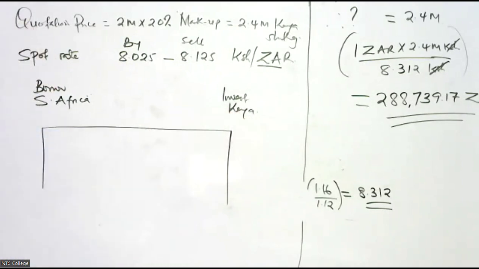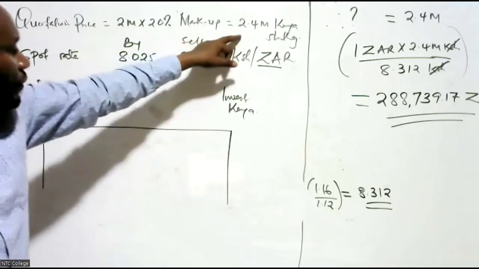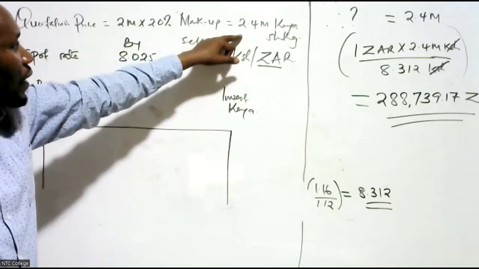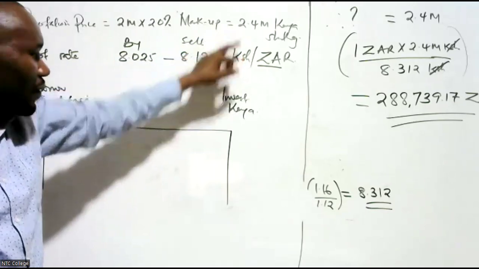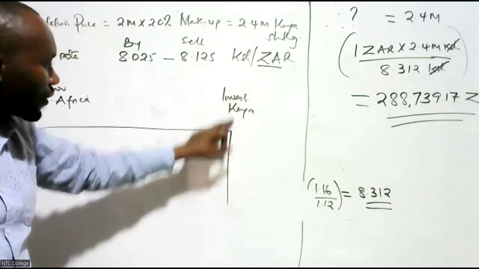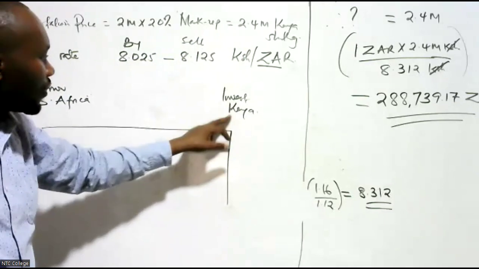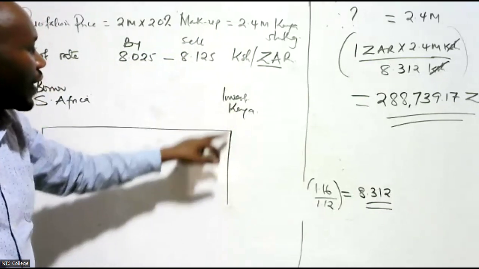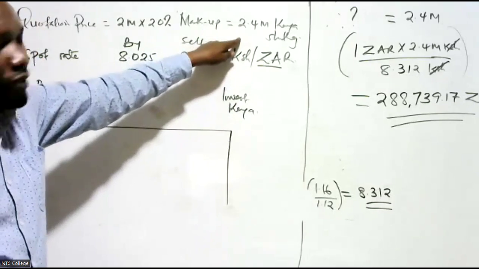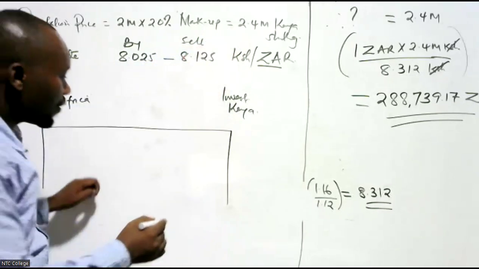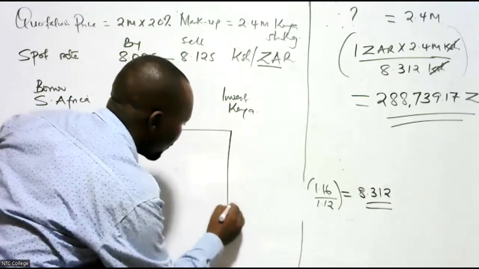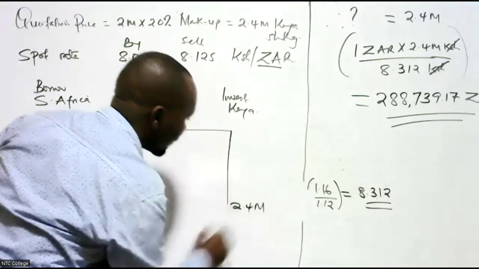So what are you supposed to do? Where do you start from? We know the amount of Kenyan shillings that we should get, 2.4 million, in 2 years time. This is the period. Unaona vile unaanza? Hapa ndio Kenya. This is where we're going to invest. In 3 months time, we should get this amount. So you say that you need an amount that will give you 2.4 million in Kenya.